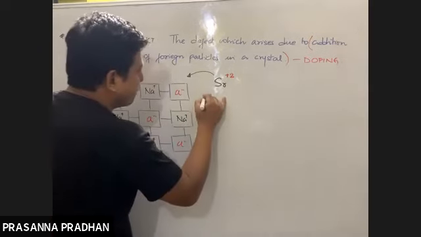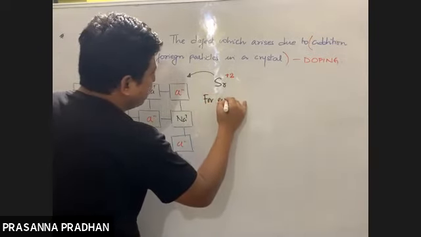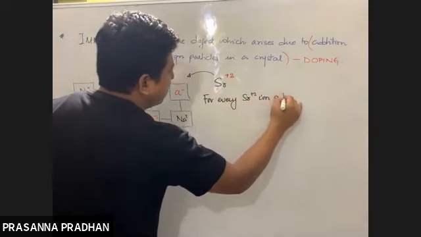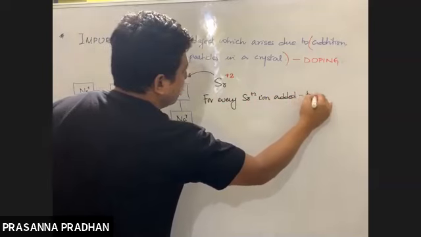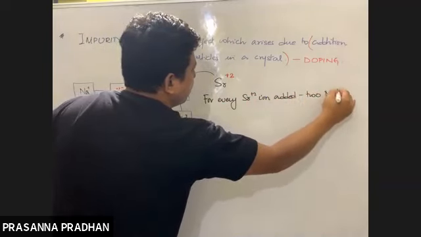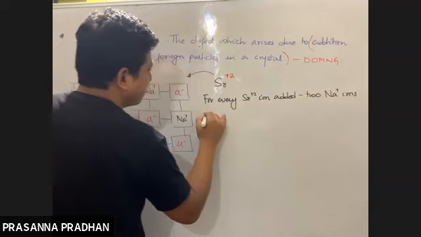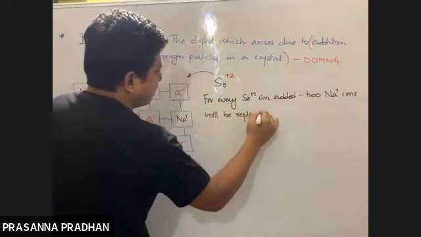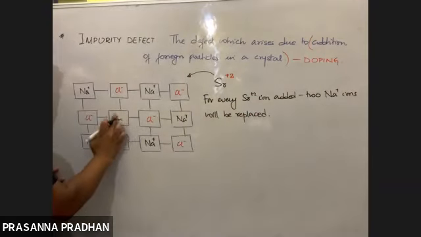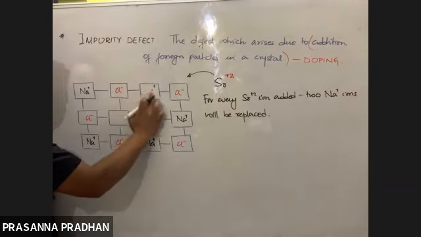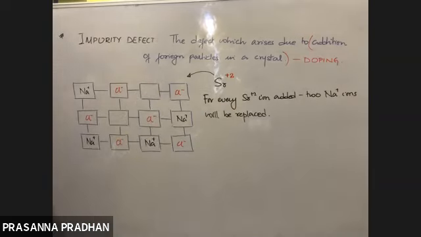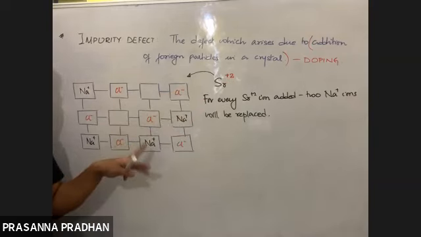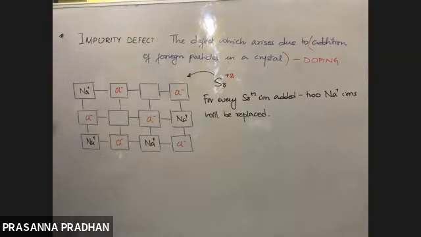So I can just write down: for every strontium ion added, 2 sodium ions will be replaced. 2 sodium ion replace करेगा. क्यों 2 sodium ion? क्योंकि total charge तो इसका +2 है, तो 2 sodium का charge +2 होगा. So 2 sodium ions will be replaced.